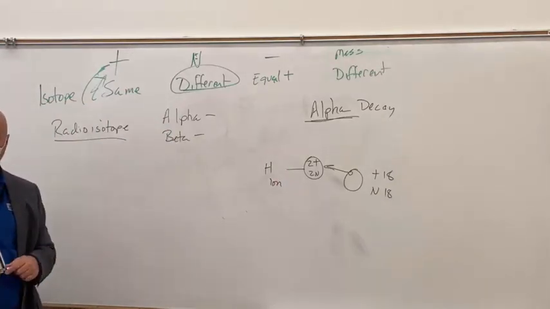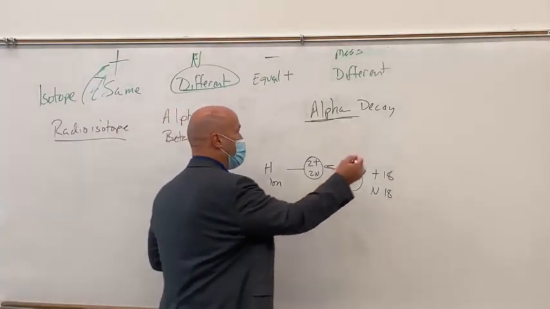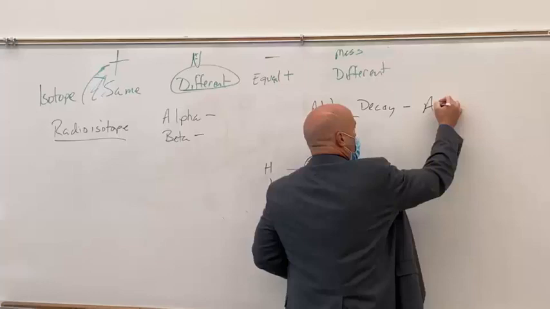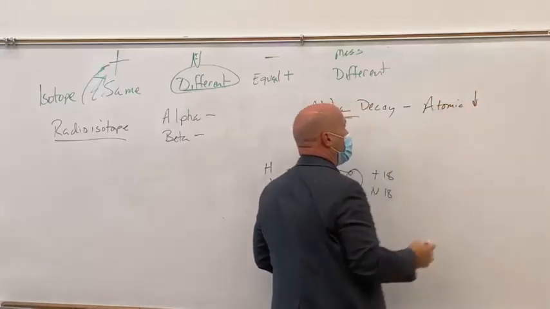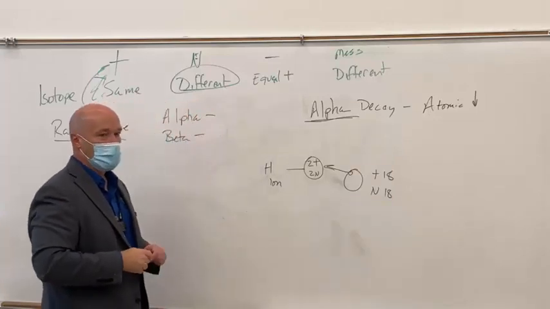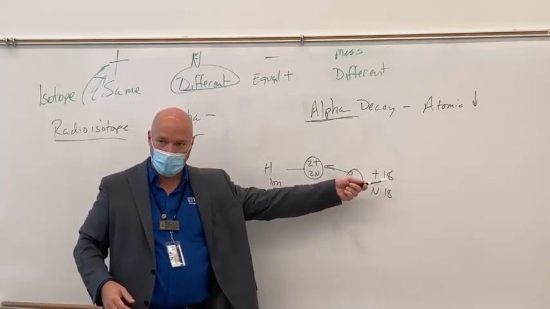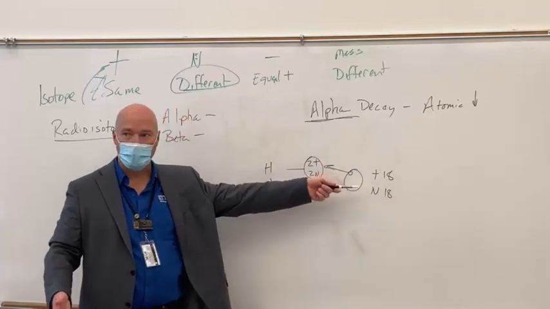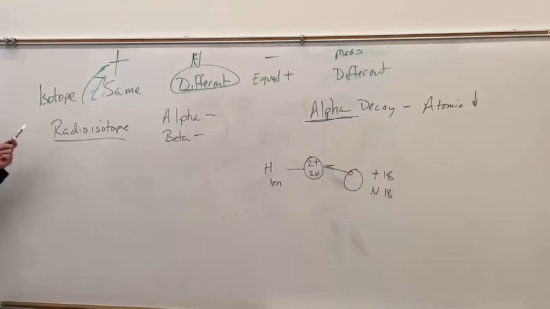Do they go up, or do they go down? Went down, right. So our atomic number through alpha decay, alpha emission, decreases. Well, why do we say atomic number decreases? Because we lost positive charges. What are positive charges? They're protons. What does a proton determine? The element. What the element is, right.